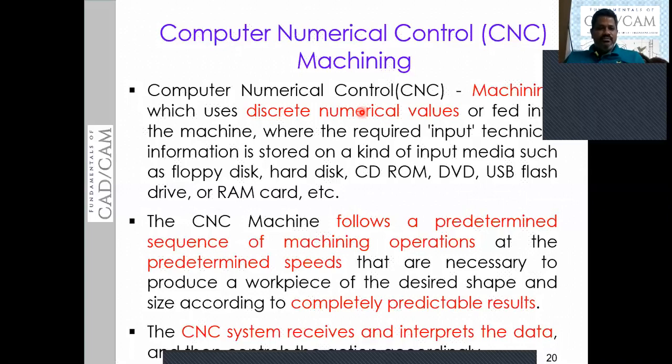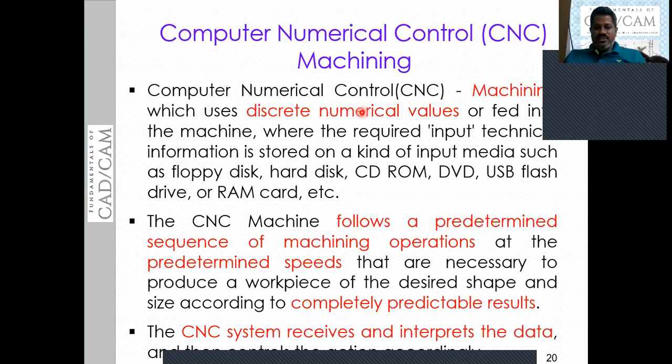Basically, CNC is machining which uses discrete numerical values fed into the machine, where the required input technical information is stored, just like a CD drive, DVD drive, USB flash drive, RAM, etc. The discrete numerical values are fed into the machine, where we store the input information such as the hard disk, floppy disk, CD-ROM, DVD, USB flash drive.